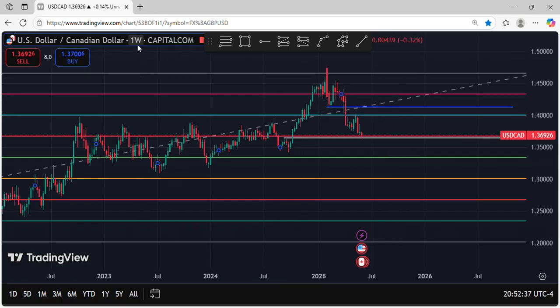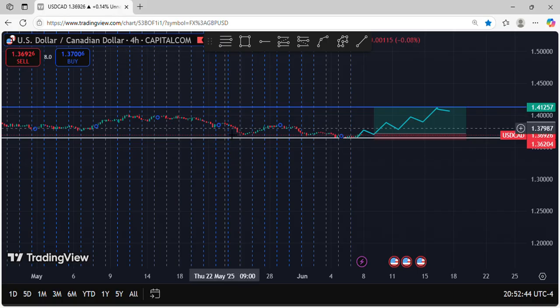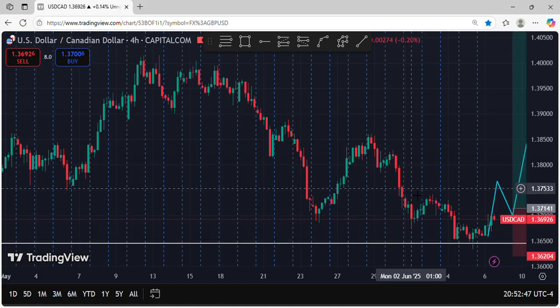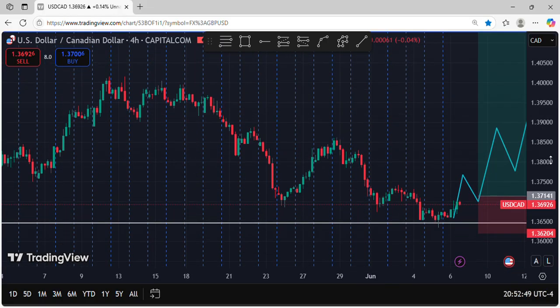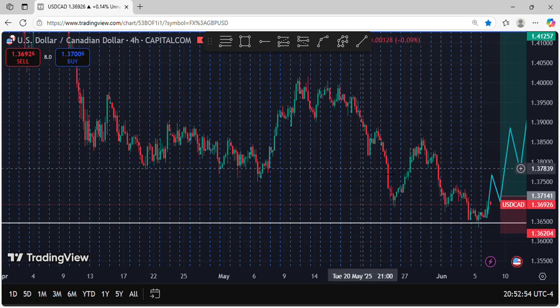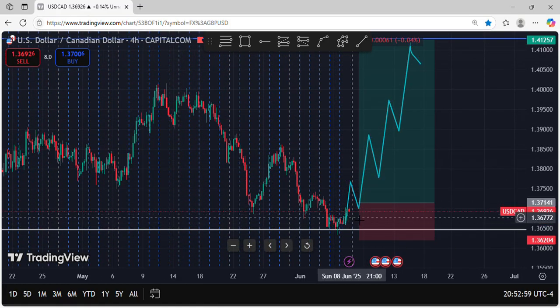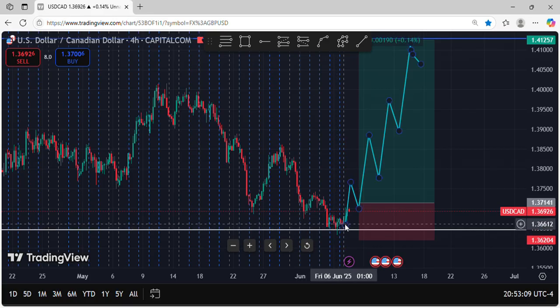So going into the 4-hour, this is what we basically want to see. Price has to tip its hand. This is the 62.5 level, the fair value gap and the order block. So what we want to see is price tip its hand to us, showing us that it wants to go up.